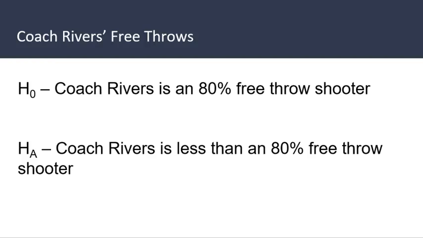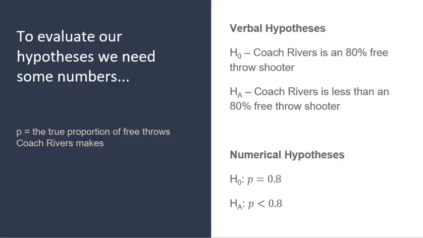So what are our hypotheses in this situation? For our null hypothesis, we're going to give Coach Rivers the benefit of the doubt and assume that he is an 80% free throw shooter. But then we're going to see if our sample data is enough evidence that he is less than an 80% free throw shooter. We need to be able to write these mathematically. When you write hypotheses, we have null and alternative.